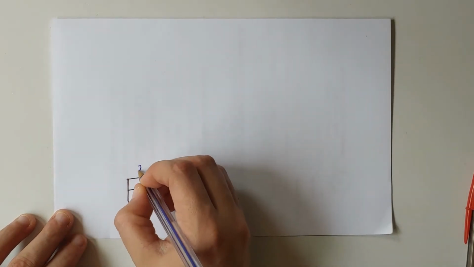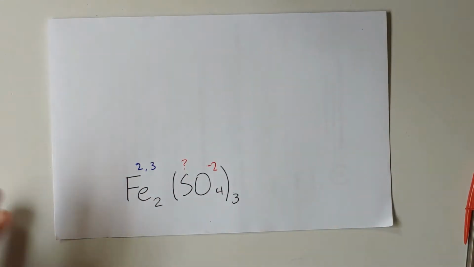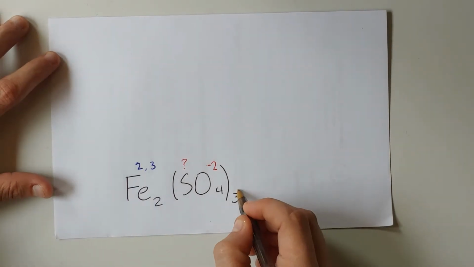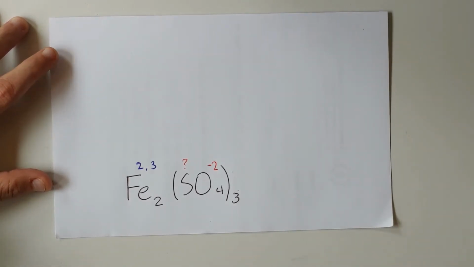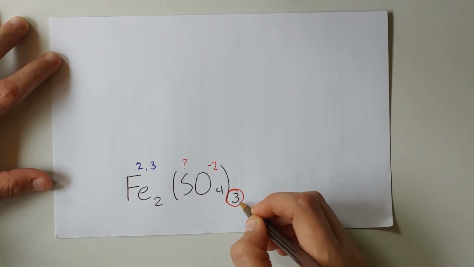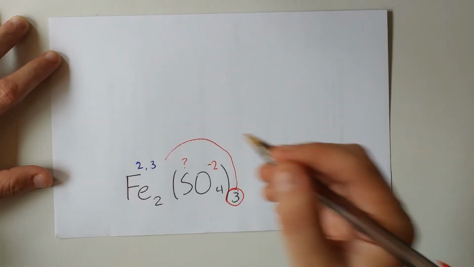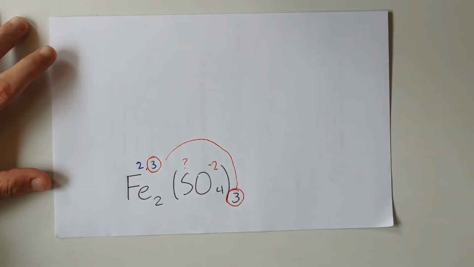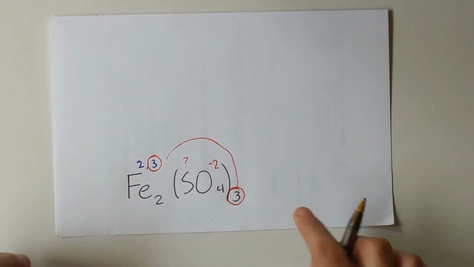Iron can either be +2 or +3. Which one is iron using? That is actually very simple to answer, because, remember from compound formation, we crisscross the charges. This 3 right here is actually coming from iron. In other words, the oxidation state for iron in this compound is going to be +3.